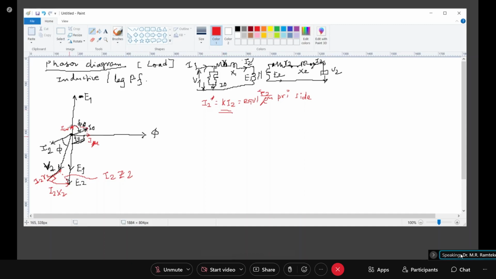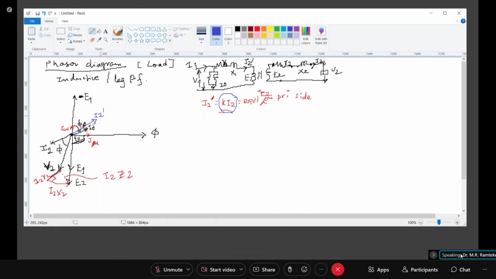So I will be transferring this current to the primary side. It will be in opposite direction. So this is my I2 dash, which is in exact phase opposition to the I2, 180 degree shifted. I2 dash, which is calculated using this formula KI2, you know what is K? It is voltage transformation ratio, which is V2 by V1 or N2 by N1.